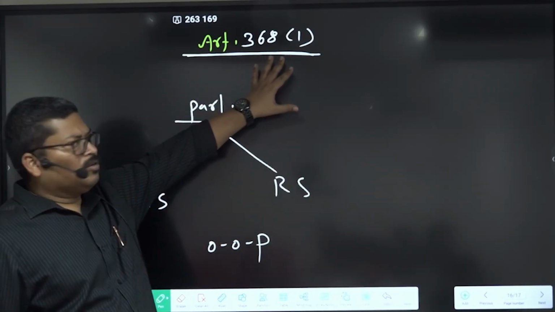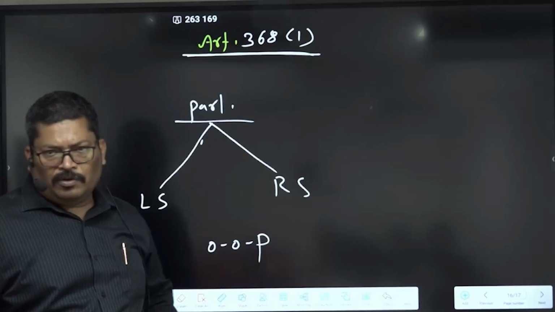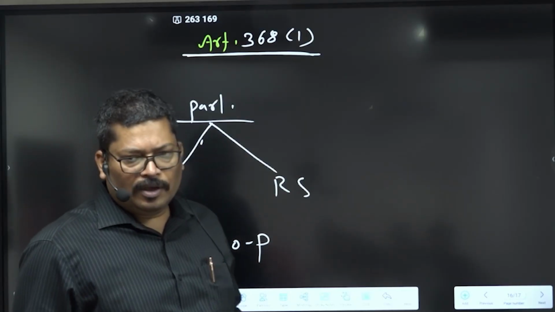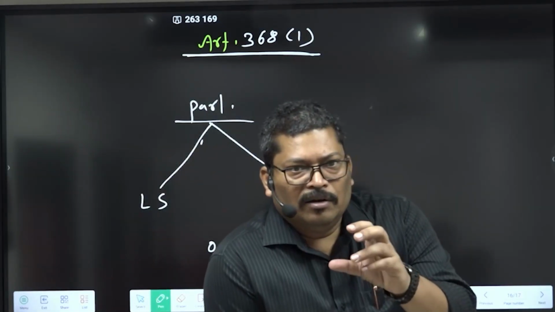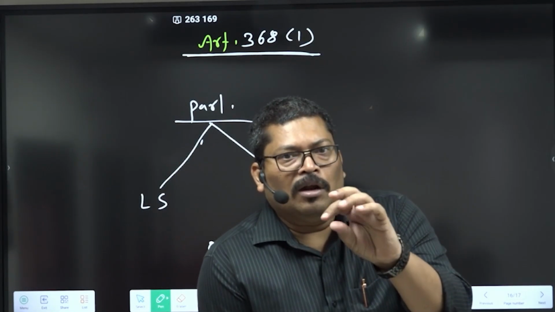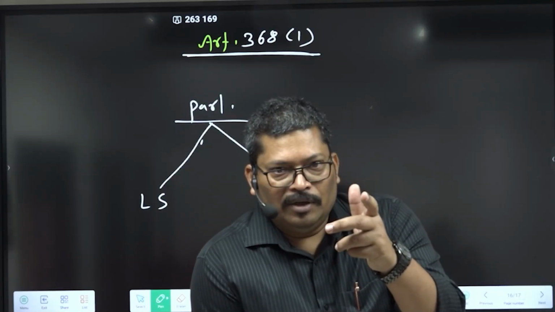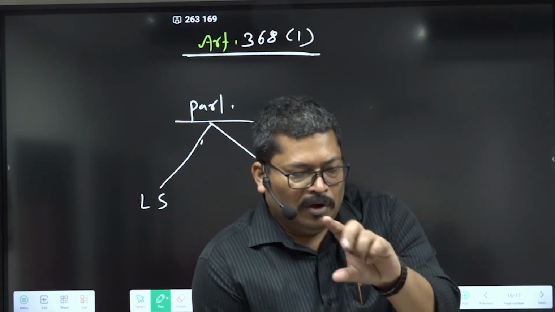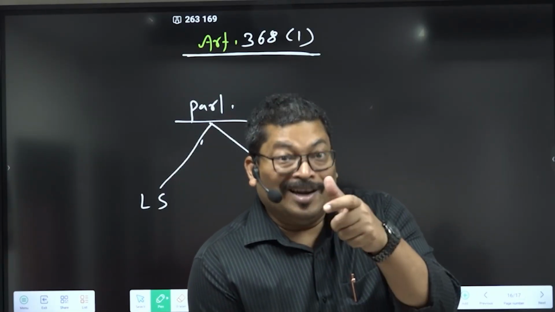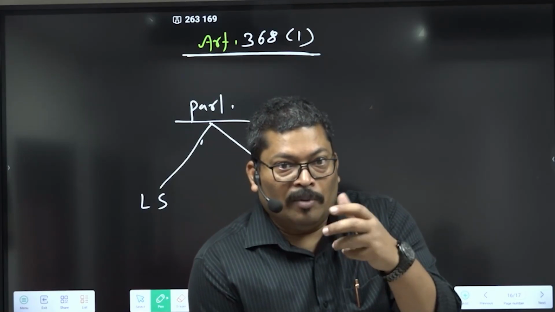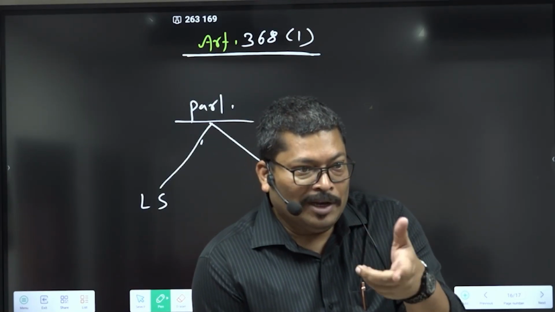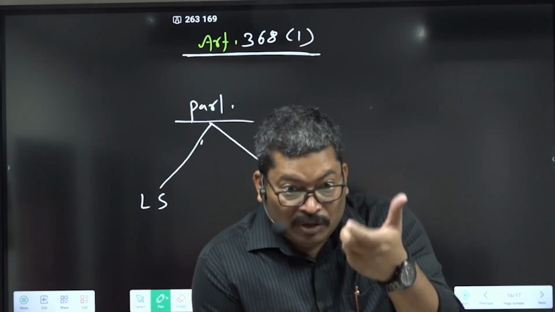Article 368 clause 1 says that first of all it is needed to prepare a constitutional amendment draft. In that particular draft, all the issues have been enumerated, that what sorts of amendment you intend to carry out.